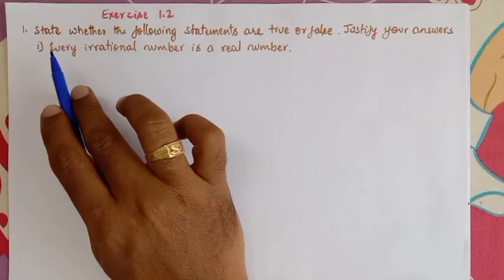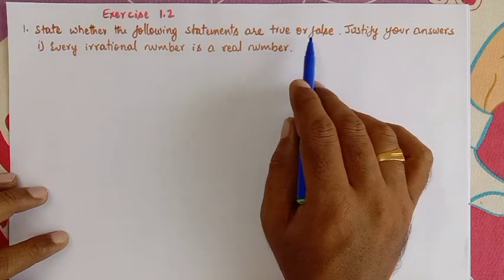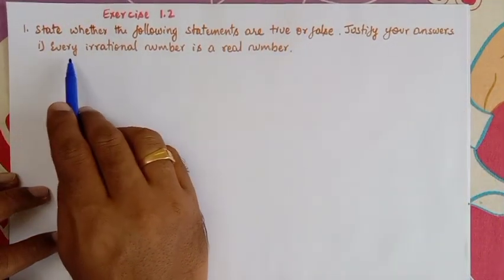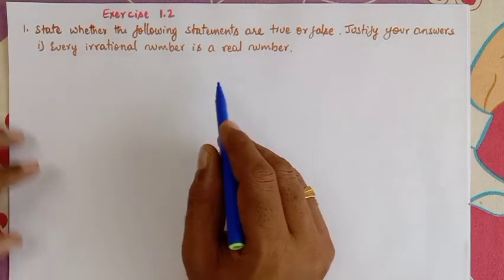Exercise 1.2. State whether the following statements are true or false. Justify your answer. First one: every irrational number is a real number. True.